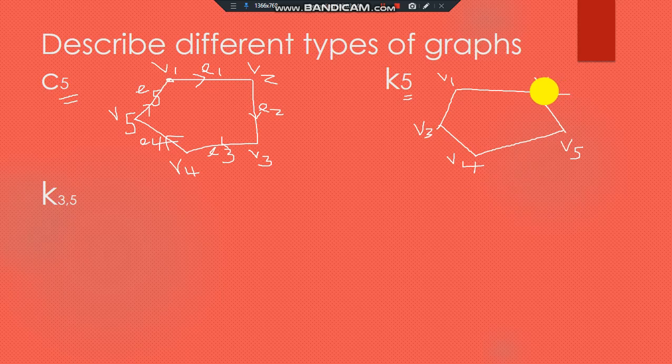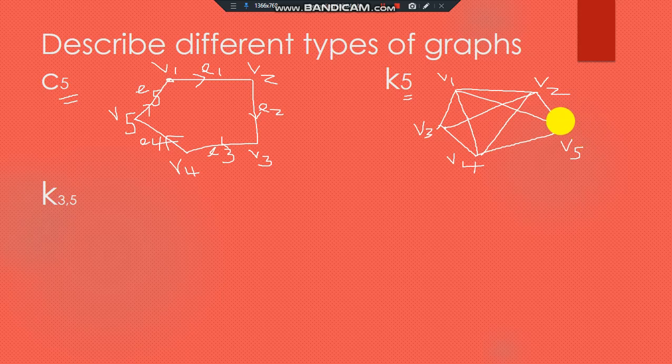Here it is already joined, here I am joining V1 to V5, then V1 to V4, there is no edge, so I am joining it by an edge, and V1 to V3 already has an edge. Now come to V2: V2 to V1 already exists, V2 to V3 no edge, you join that, and V2 to V4 no edge, you join that, and V2 to V5 is already joined.